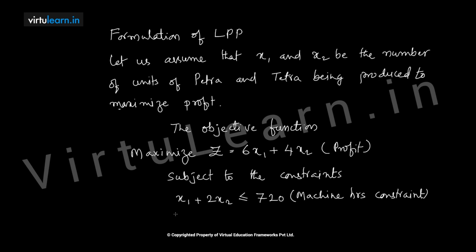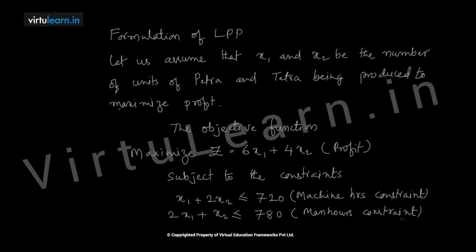Similarly, we have the man hours constraint: 2x1 plus x2 is less than or equal to 780. That means only these many man hours are available.